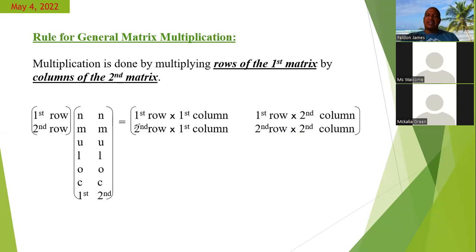Now, when we're doing matrix multiplication, the row by column process can be done in two different ways. What you need to do is stick to one way that you're comfortable with. Once you are doing it, you will get an idea. All right, so here's an example.